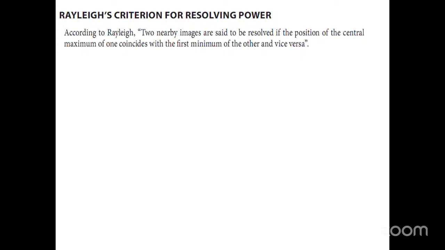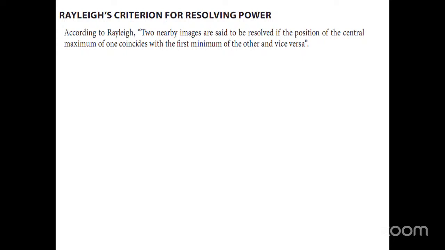In optics, you have many experiments. Go through the lab and you can perform the experiments easily. Without any theoretical background, you cannot perform any experiment at all.